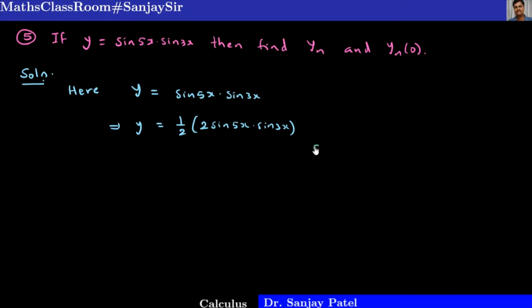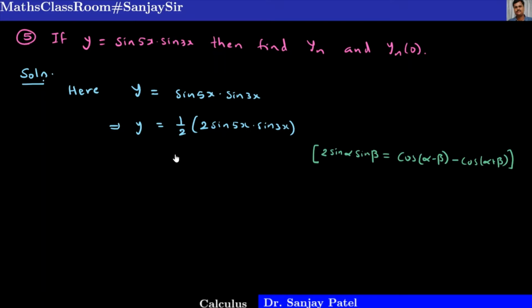All of you know, if you have 2 sine alpha into sine beta, then we can write it as cos of alpha minus beta minus cos of alpha plus beta. Cos C minus cos D is minus 2 sin sin, but we are writing this in the reverse order.